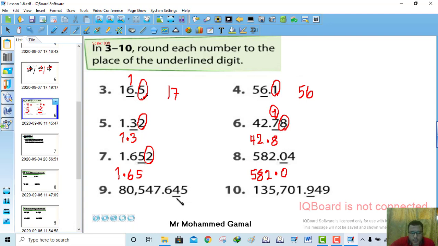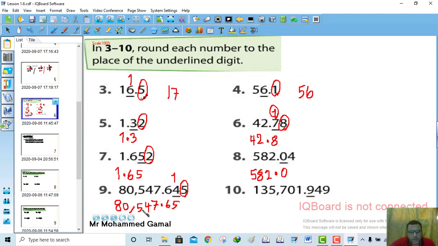Here he's asking to round it to the nearest hundredths, so I will ask myself about 5, so it's strong, so I will add 1. 1 and 4 is 5, then just copy the others. 6 decimal 745, 080,547 and 65 hundredths.